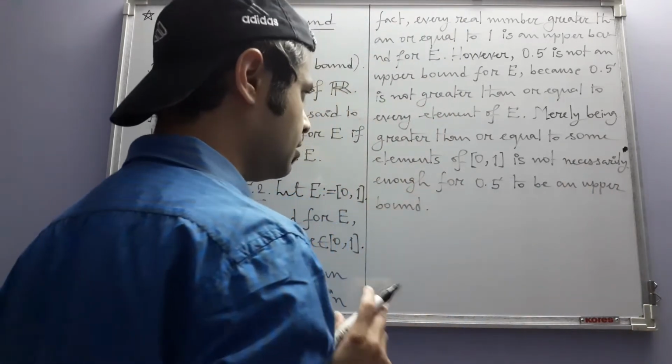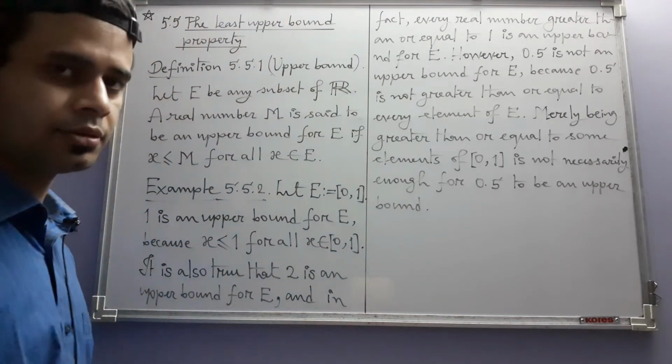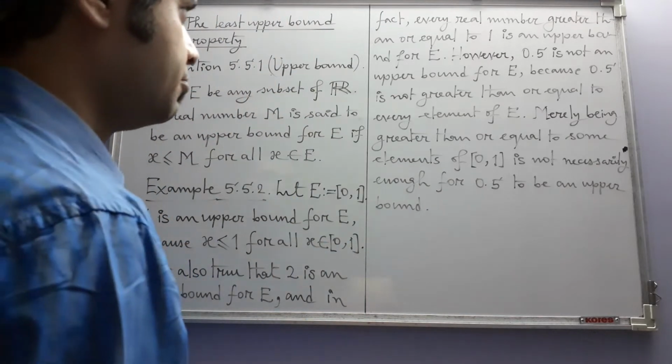It needs to be greater than or equal to every element, then only we can say it's an upper bound, which it is not.